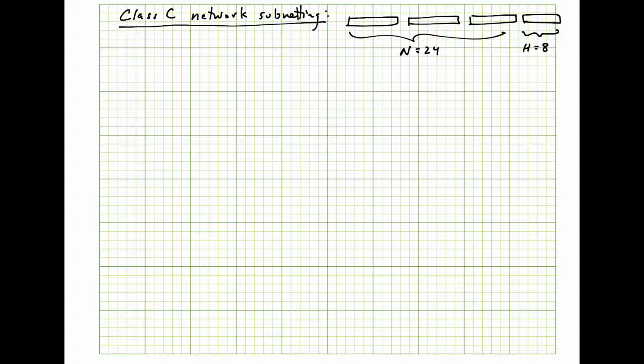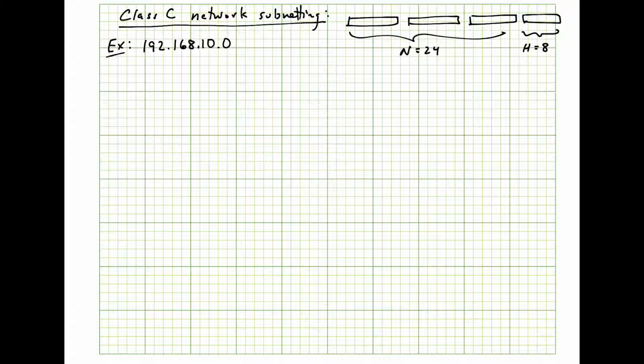I'll use the example of the private 192.168.10 subnet Class C network, and now we're going to subnet this.